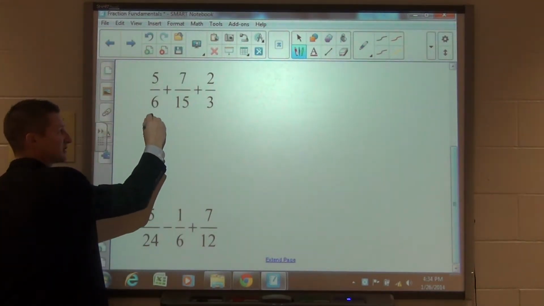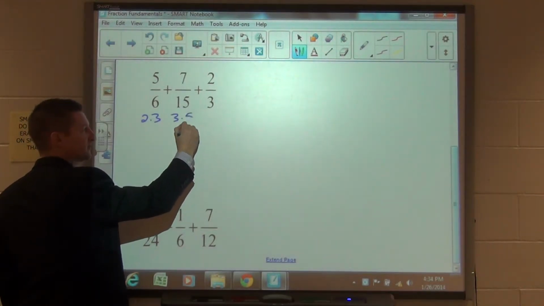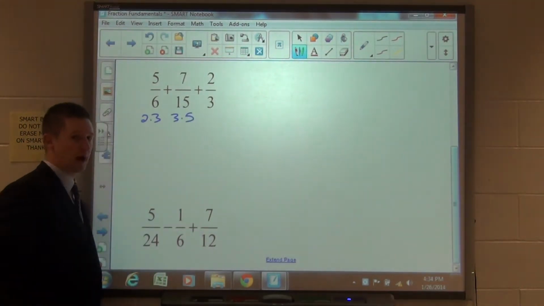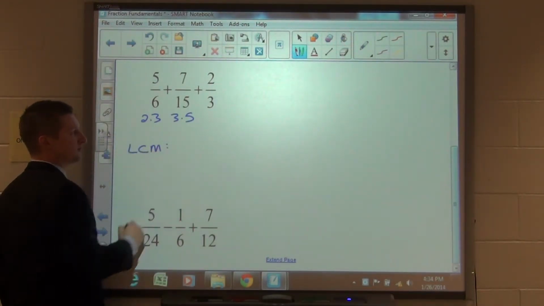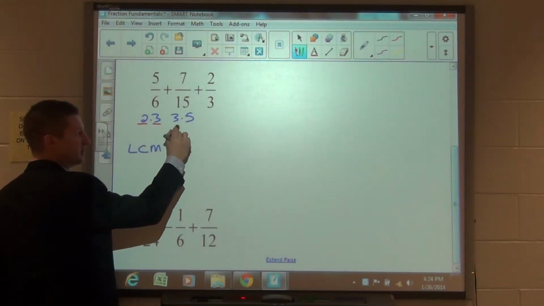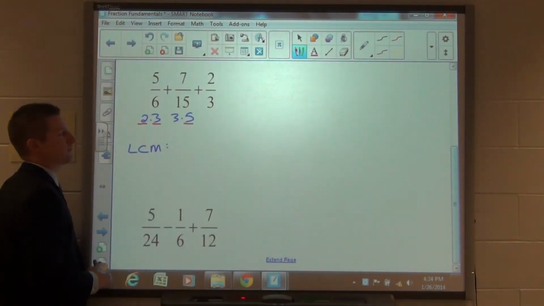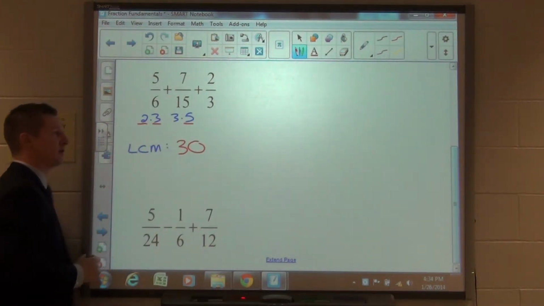I know that 6 is equal to 2 times 3. I know that 15 is equal to 3 times 5, and 3 is obviously a prime number as is. This leads me to believe that my least common multiple is going to be a product of 2, 3, and 5. 2 times 3 is 6, times 5 is 30. So I believe my least common multiple is 30.